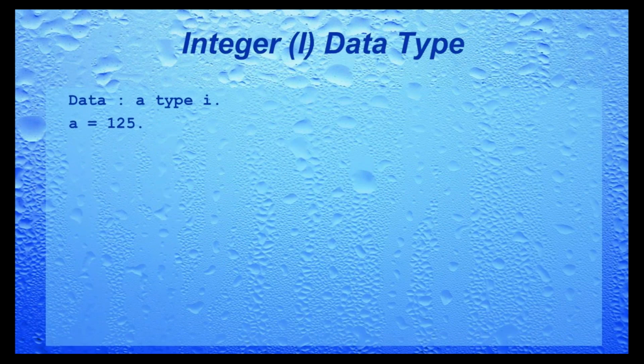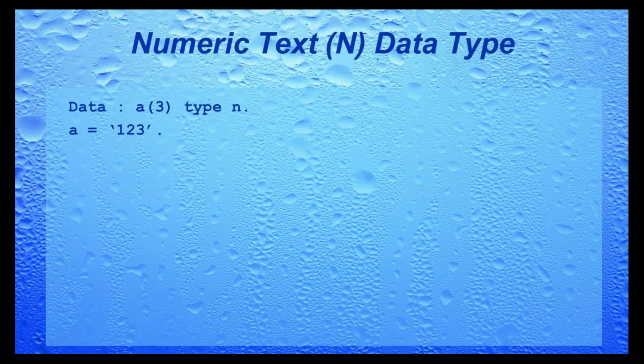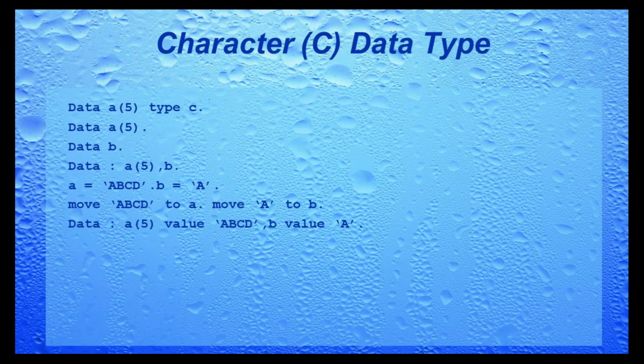What Meghna is asking is, I'm mentioning A of 5 and B. Are these both same? No. B will have the default length as 1 and A will have the length as 5. That's the difference here. But both are characters.